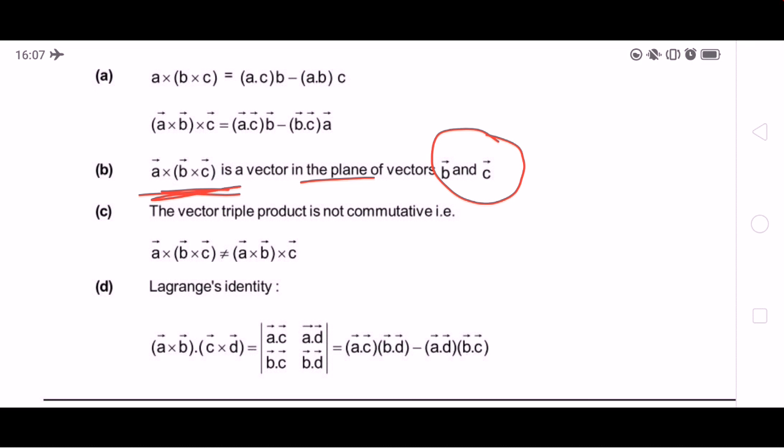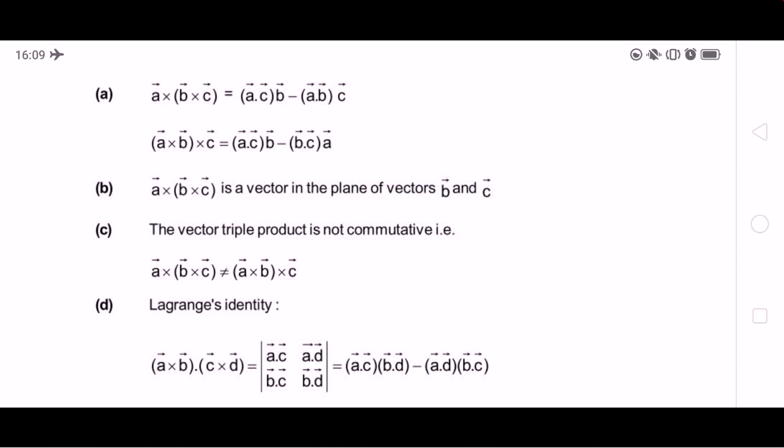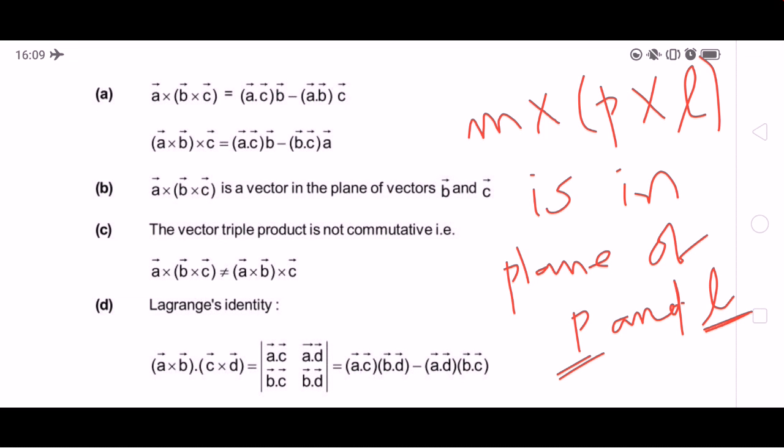So there are some things where A cross B cross C will stay. It will stay in the same plane where B and C bar are there. But remember, vector triple product is not commutative. That means what, sir? A cross B cross C is not at all equal to A cross B cross C. That means if A is outside, cross B cross C in the bracket, and A cross B in the bracket, cross C, not at all equal.